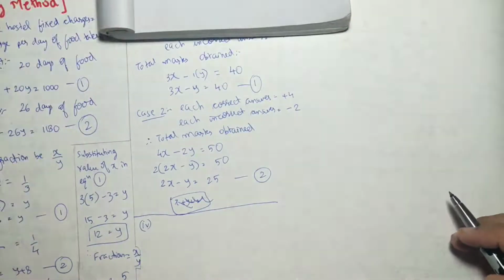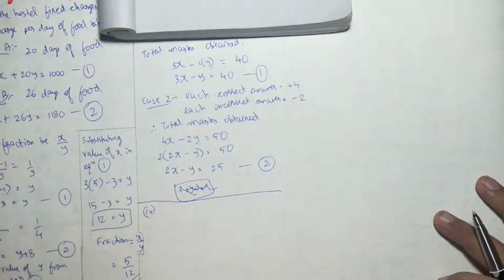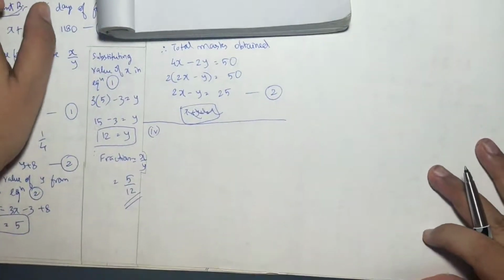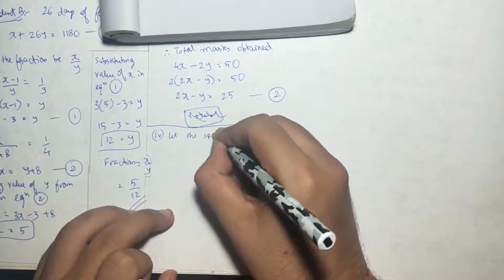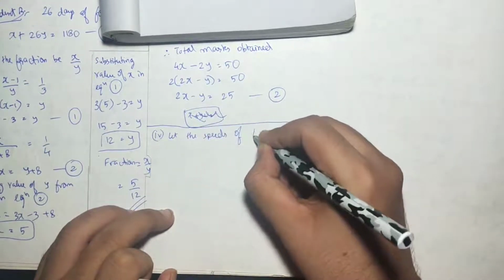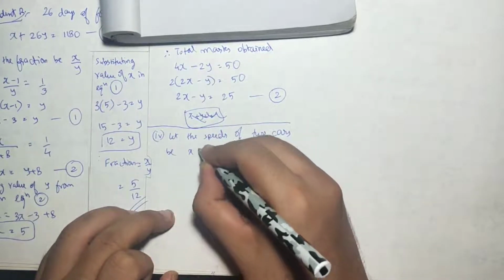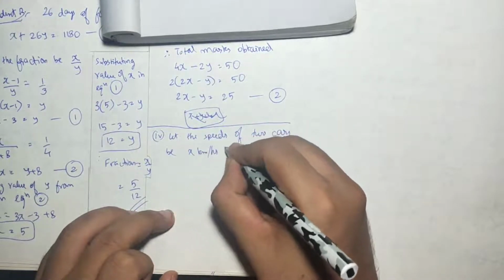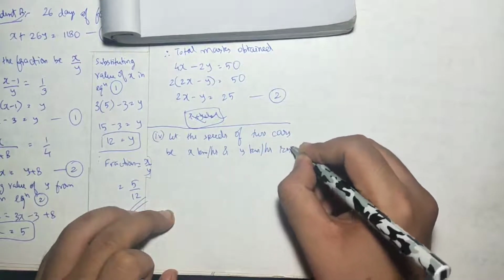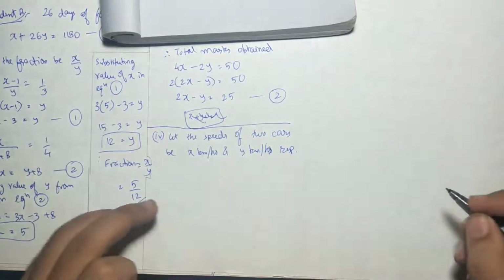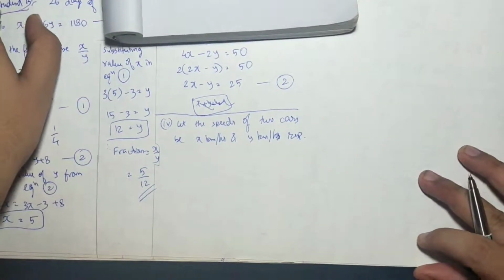Since the speed is asked, we can take the speeds as the variables. So let us start the question as: let the speeds of the two cars be x km per hour and y km per hour respectively.